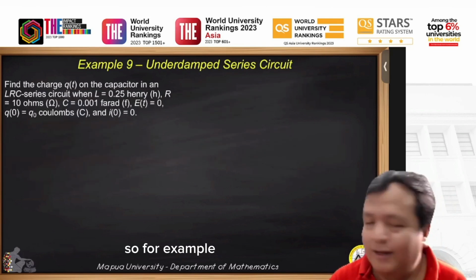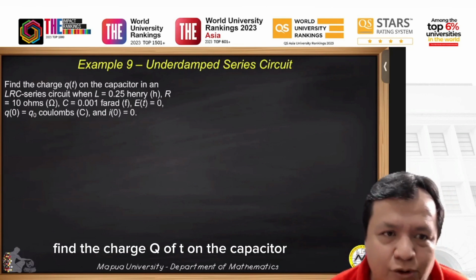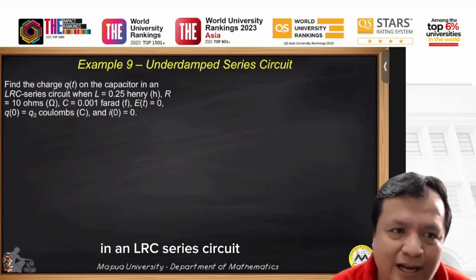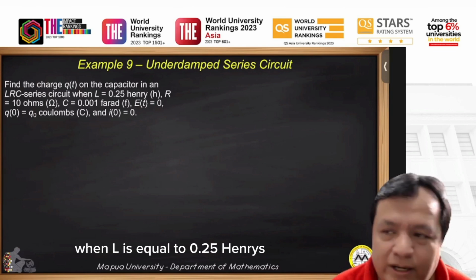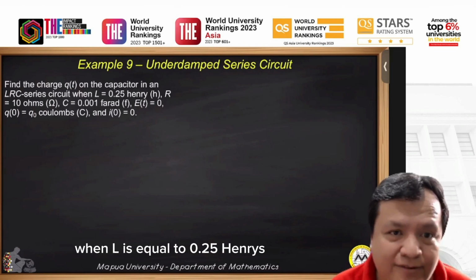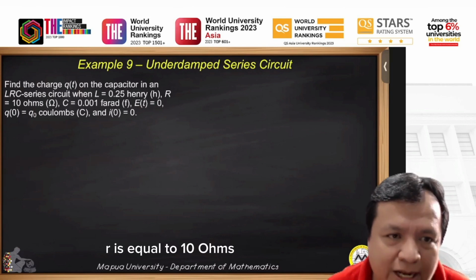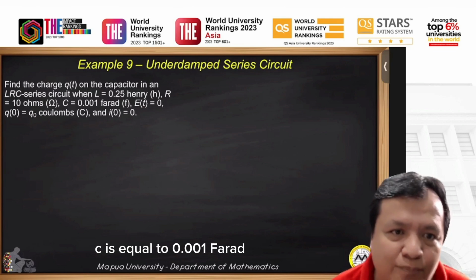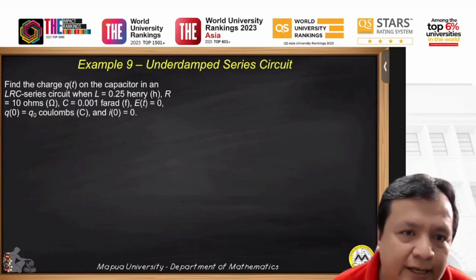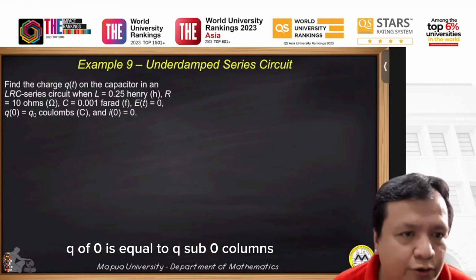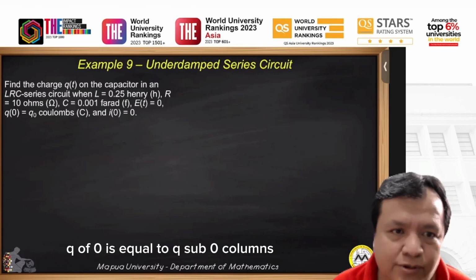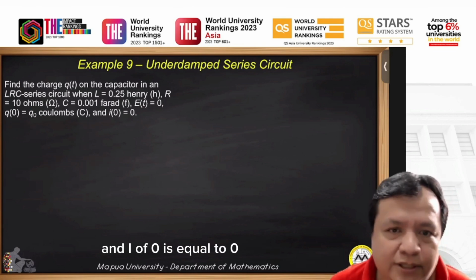For example, find the charge Q of t on the capacitor in an LRC series circuit when L is equal to 0.25 henries, R is equal to 10 ohms, C is equal to 0.001 farad, E of t is equal to 0, Q of 0 is equal to Q sub 0 coulombs, and i of 0 is equal to 0.